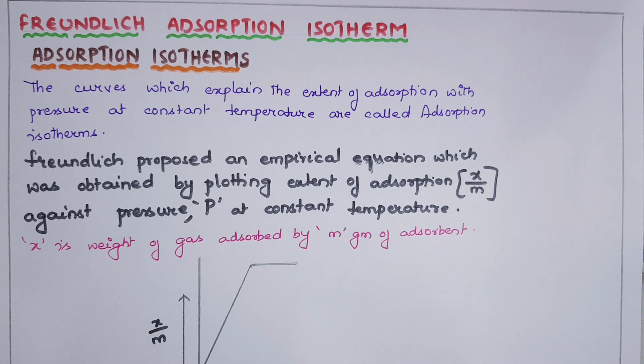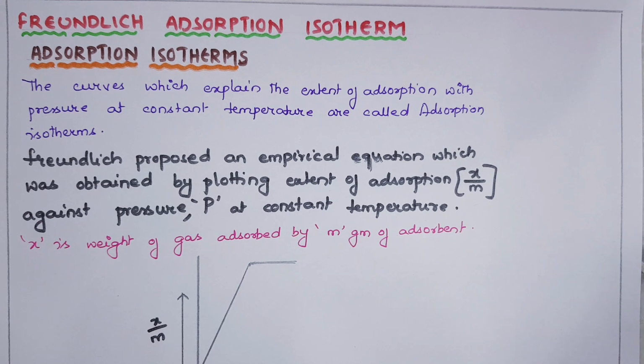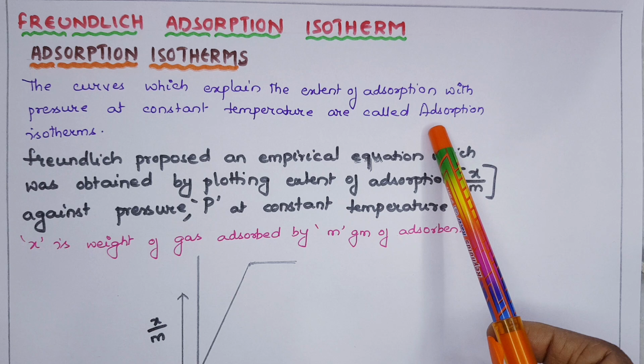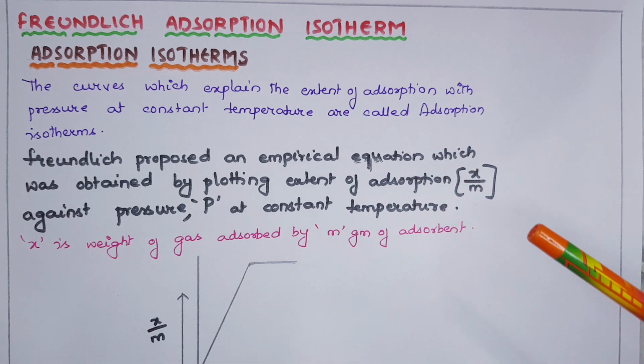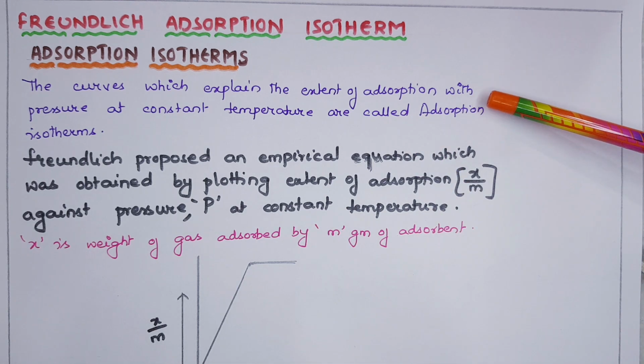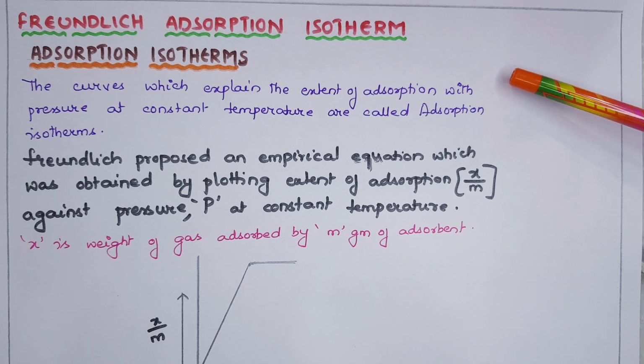Without any delay, let's try to understand what this Freundlich adsorption isotherm is. First, let us know what an adsorption isotherm is. Here I mentioned, students, it is the curve which explains the extent of adsorption, that means how much a substance is being adsorbed, with the pressure, keeping the temperature constant.